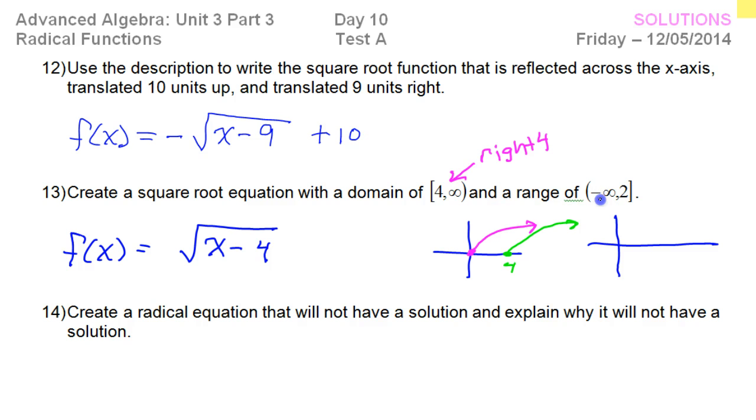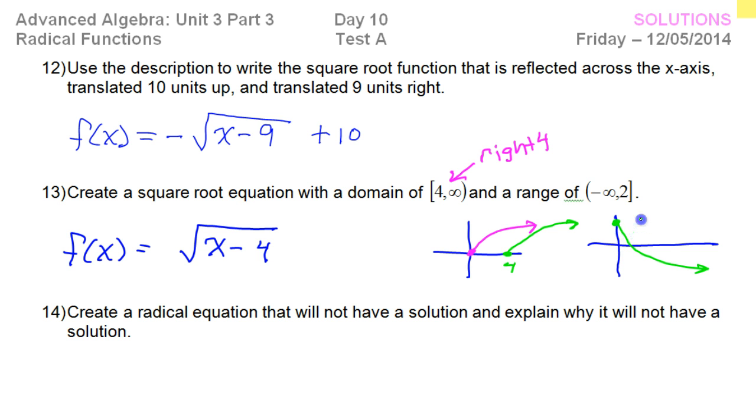If the range is negative infinity to 2, the only way that could happen, first of all, 2 now has to be the highest value on this graph. Okay, so it has to be up here at 2, so negative infinity to 2. So it has to be coming up from the bottom and then to 2. Okay, so it has to be doing this type of a thing. If it would go from negative infinity to 2.